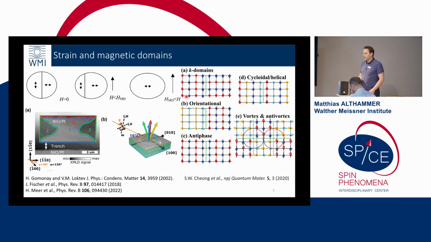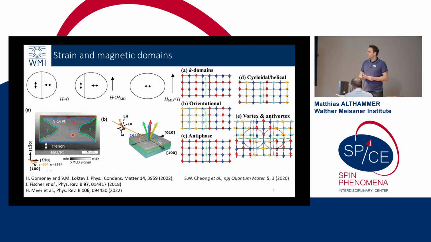Helen already, back in 2002, and I think 2001 was another publication, discussed mechanisms that lead to the formation of domain structures. One of the important things, if you think about structuring this nickel oxide platinum structure, is strain effects. Magnetoelastic coupling in combination with the strain and the stress release that you might form will already lead to domain formation in the system.